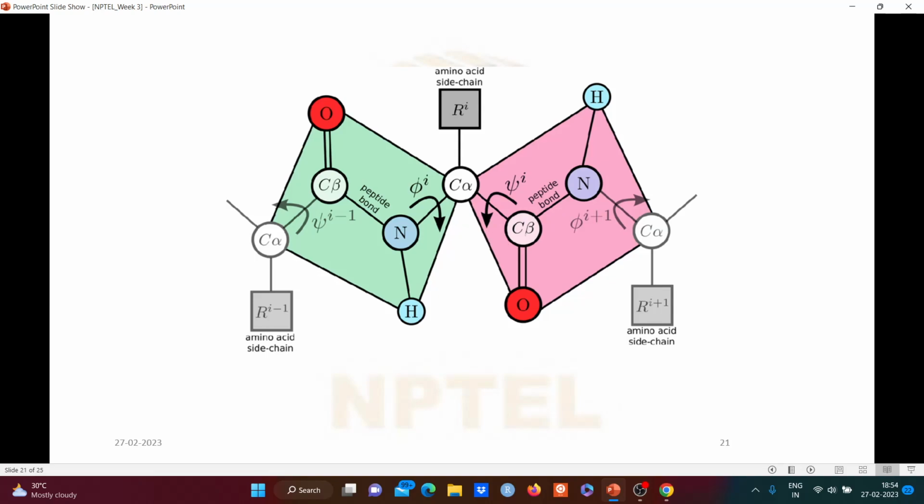The phi angle is defined as the rotation angle around the bond between nitrogen and C alpha. So N-C alpha bond rotation corresponds to the phi angle, and the psi angle is defined as the rotation angle around the bond between the alpha carbon of the first amino acid of the peptide bond and the carbon atom of the second amino acid in the peptide bond.